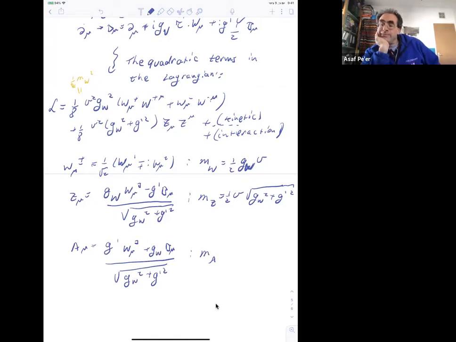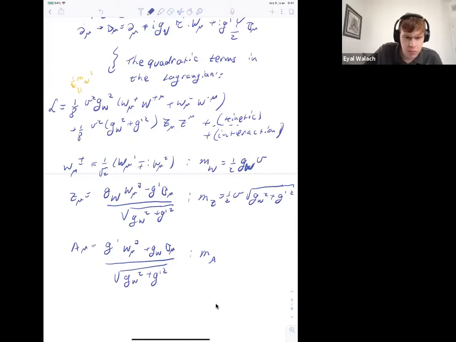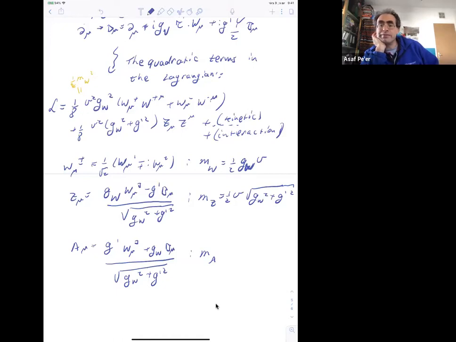What is the mass, guys? Look at the Lagrangian. Just 0? 0, right. There is no quadratic term for A in the Lagrangian. We just end up with no quadratic term, meaning that the mass is 0. There is no term that looks like A mu A mu.